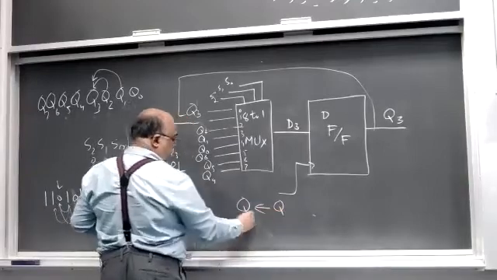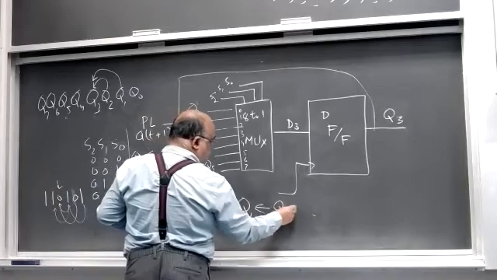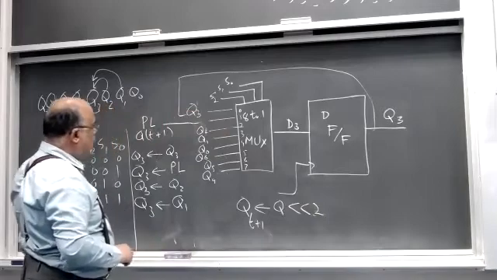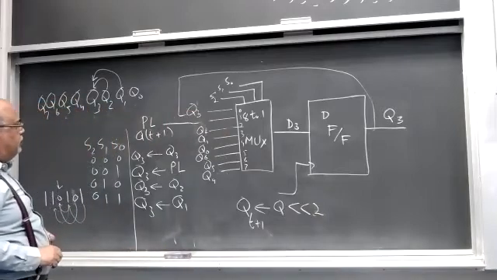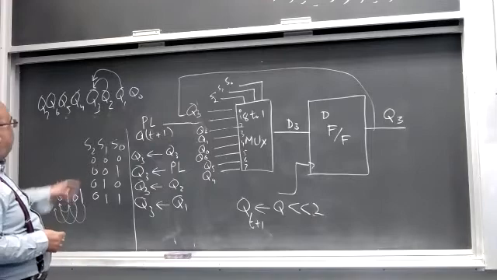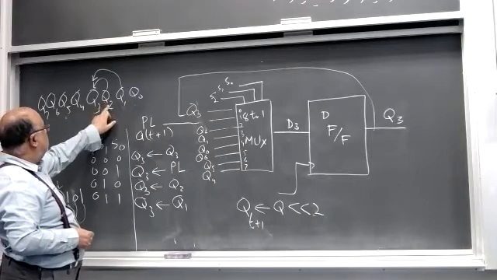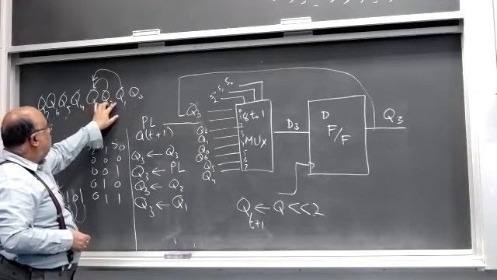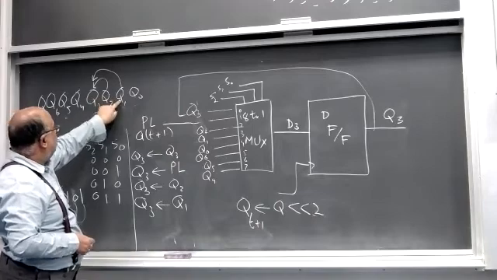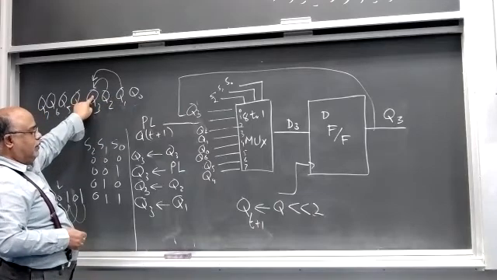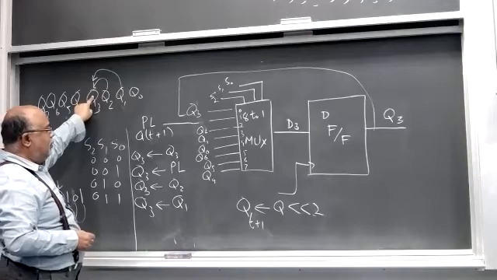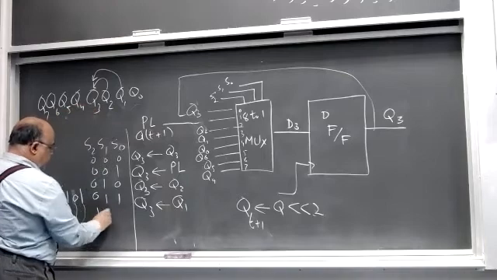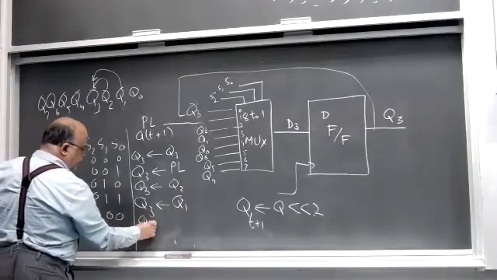Q t plus 1 is equal to Q shifted left 2 times. एक ही क्लॉक साइकिल में अगर मैंने इसको ऐसे लेके आना था तो पहले एक दफा शिफ्ट करता, Q2 इधर आता, फिर भी शिफ्ट करता, Q1 इधर आता। अगर मैंने इकट्ठे एक ही क्लॉक साइकिल में दो दफा शिफ्ट करना है कि ये चीज इधर आ जाए एकदम से छलांग मार के, मुझे ये दो क्लॉक साइकिल ना देने पड़े, तो I will select Q2 है, Q1 है। सिमिलरली 1 0 0 के लिए Q0 will come here.